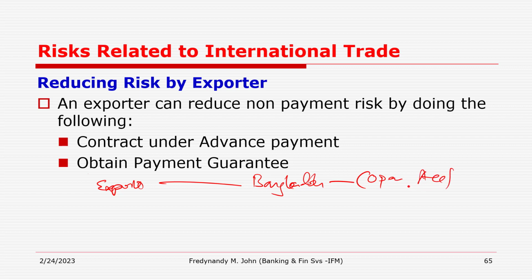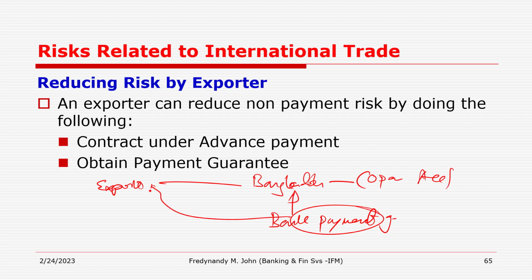Do not reject. What you can do is that you ask this Bangladesh importer to take a bank guarantee, okay? And a bank guarantee can be in form of, let's say, the payment guarantee, okay? By taking the payment guarantee, the importer's bank guarantees to make payments to you just in case this importer does not pay.